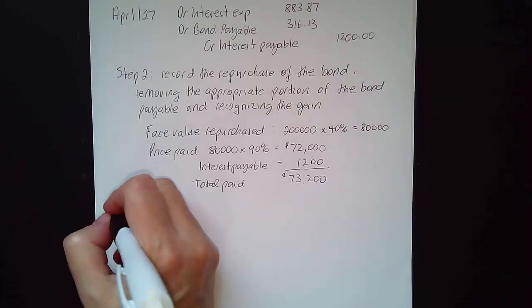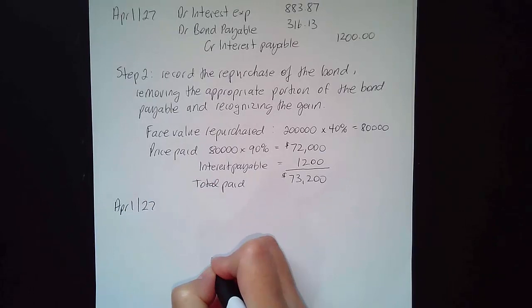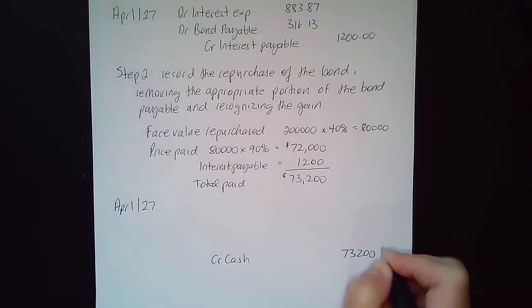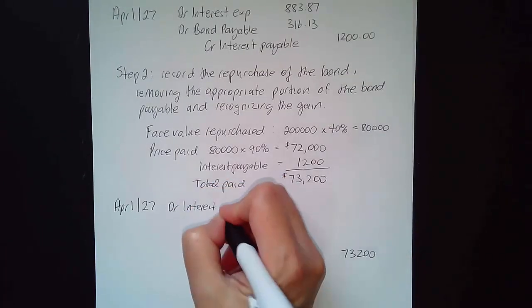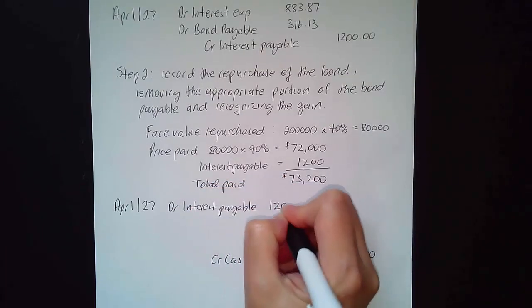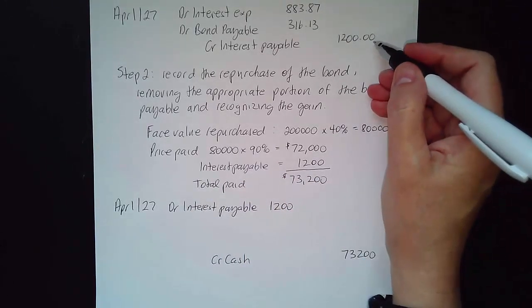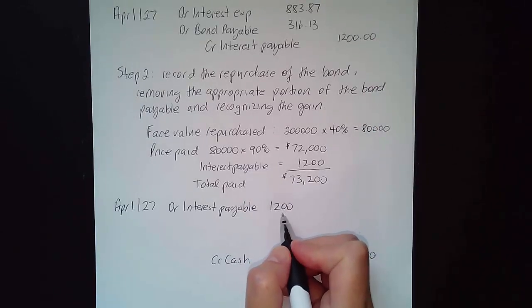On April 1st, 2027, we're going to credit cash for the $73,200. We're going to debit the interest payable for the $1,200. Remember that amount we just did an entry for? We're going to get rid of it because we no longer owe those bondholders anything.